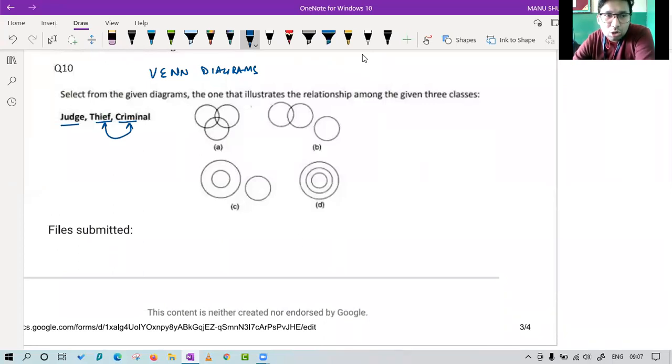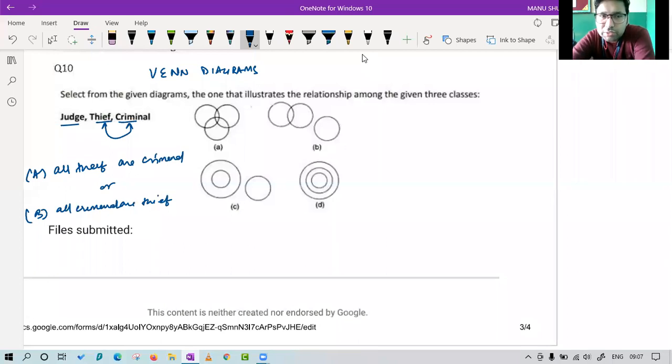Now, if I say all thieves are criminals, or I say all criminals are thieves, then which one is correct? A or B?